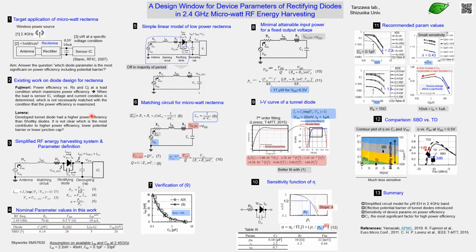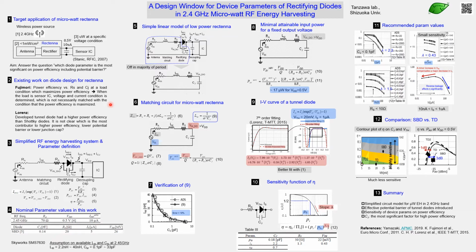And so far, there are several existing works on the design of Rectenna. Fujimori and his co-workers focus on power efficiency versus RS, series resistance, and CJ, parallel capacitance, at a load condition which maximizes power efficiency.